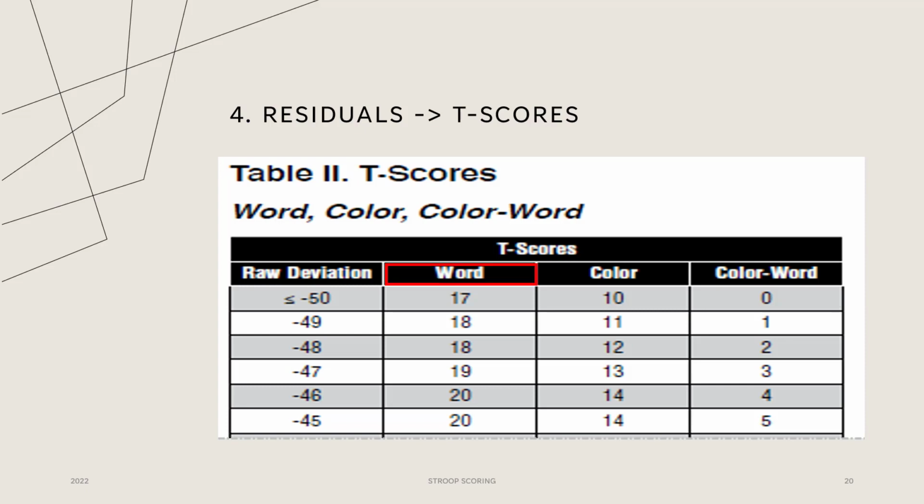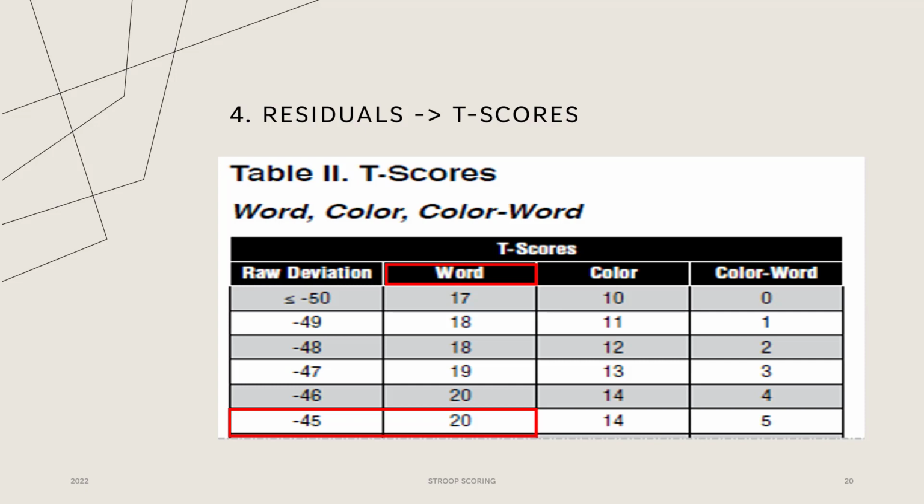So in the normative update, all the T-score conversion tables for the residuals for word, color, and color word are listed in table 2. For each of the scales, we'll want to look at the raw deviation in the left column, where that corresponds to that scale is the T-score.